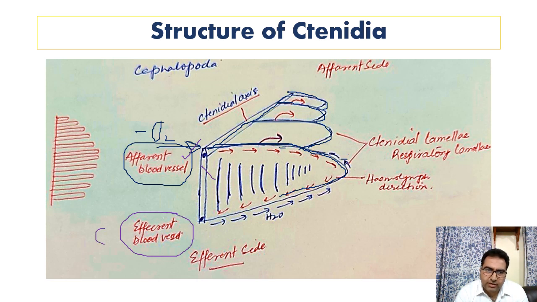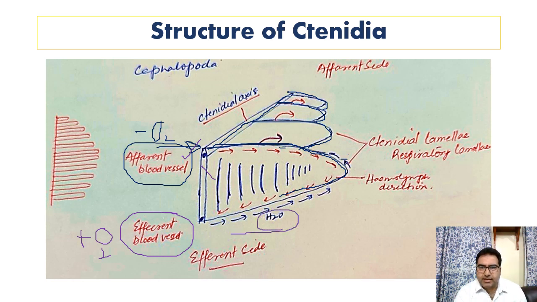So the efferent blood vessel carries blood with oxygen, and this one comes without oxygen, and the oxygen is renewed here in the Ctenidia. Now you are seeing the passage of the blood in this direction, and you are seeing the water in the opposite direction.